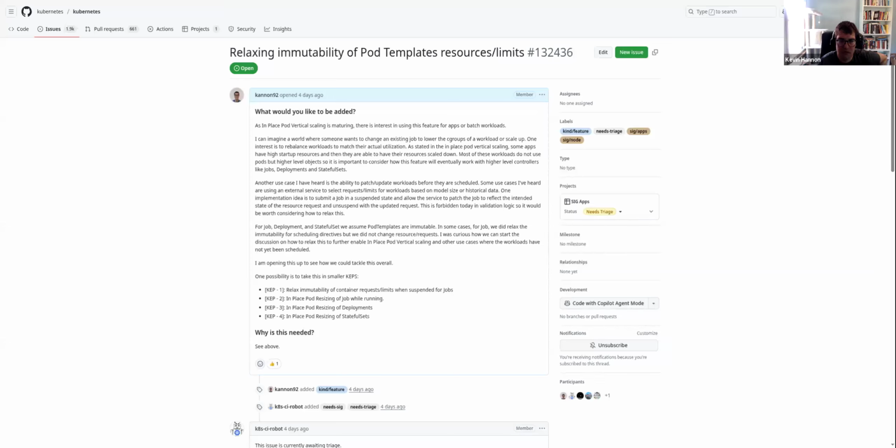Does anyone have any questions? I think my hand is next. So yeah, I think it's very reasonable and very timely to start looking into that. Many people are asking for it, looking at in-place restart or in-place resize. People want to do template updates.